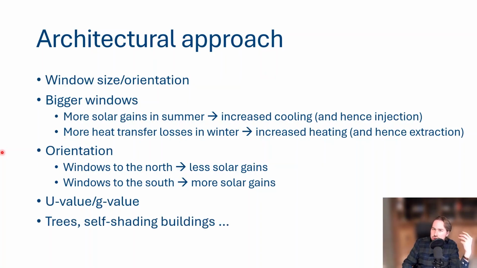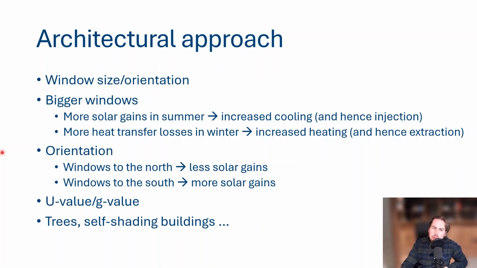But also things like trees or self-shading, where parts of the building shade different parts, also influence the heating and cooling demand. And then you have things like ventilation systems, CRD, with heat recuperation on the air handling unit. Quite a lot of architectural choices that finally influence our heating and cooling demand and hence also our imbalance.